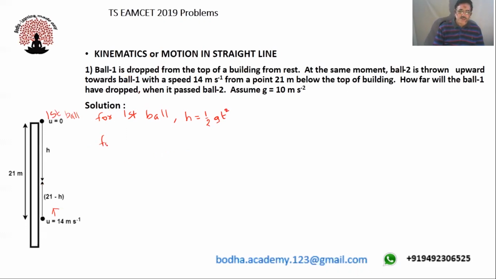For the second ball, I will be using the relation S is equal to ut plus half at square. In place of S, the distance traveled by the second ball before collision is 21 minus h.